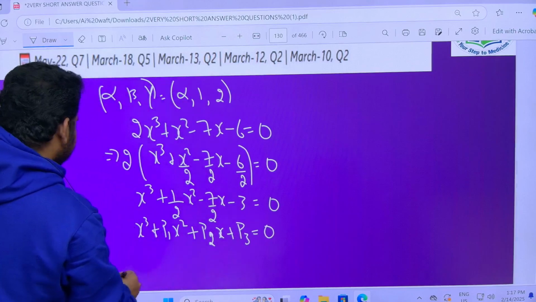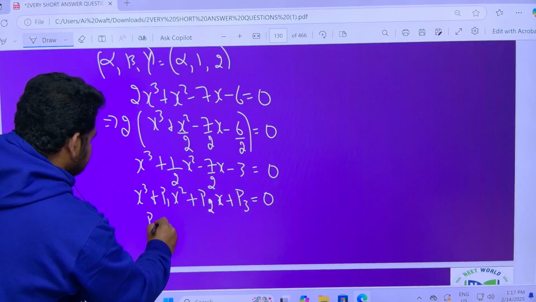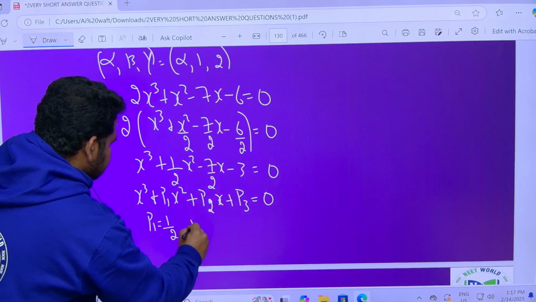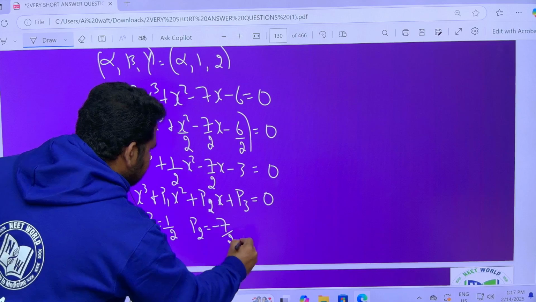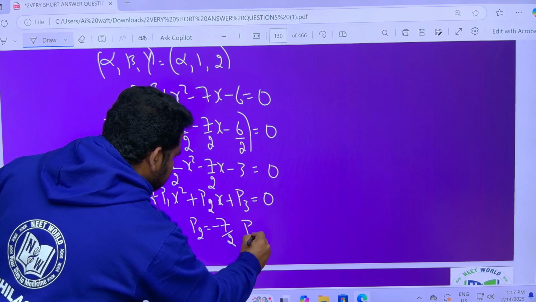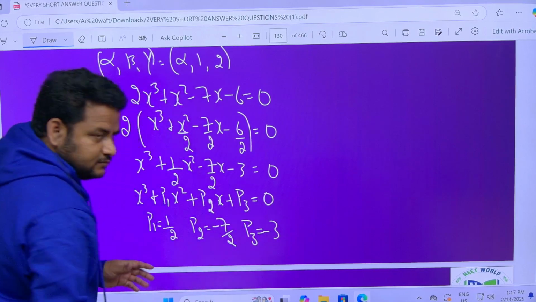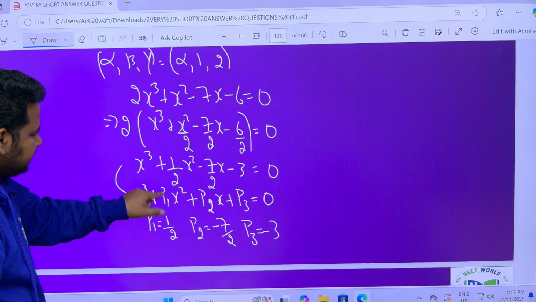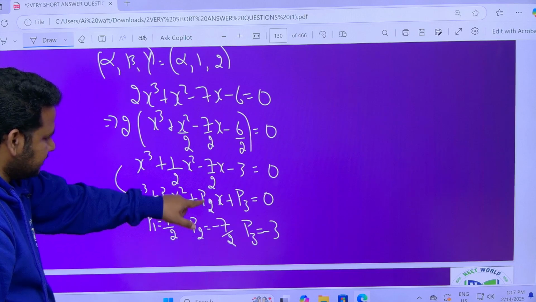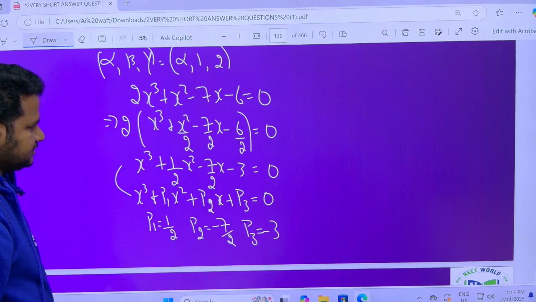Here we have p1 is equal to 1 by 2, p2 is equal to minus 7 by 2, and p3 is equal to minus 3. We are just comparing these two equations.